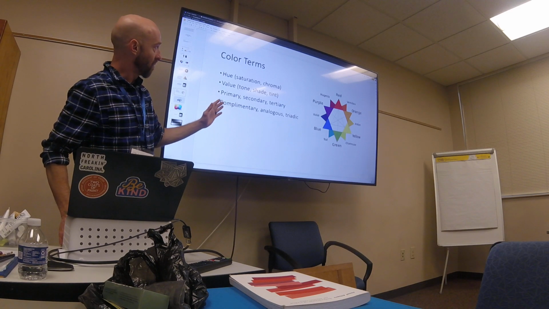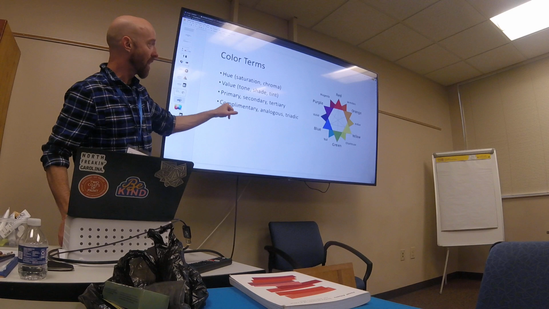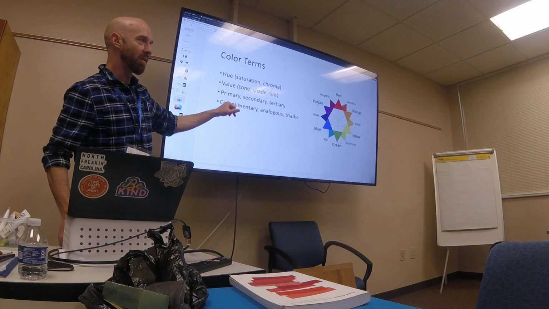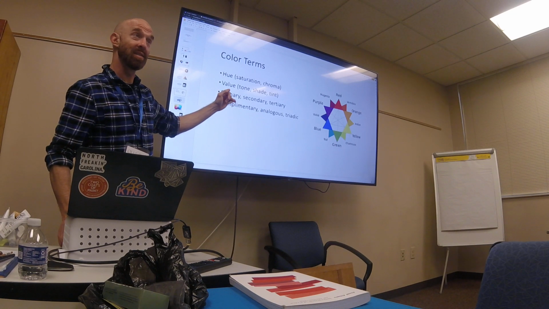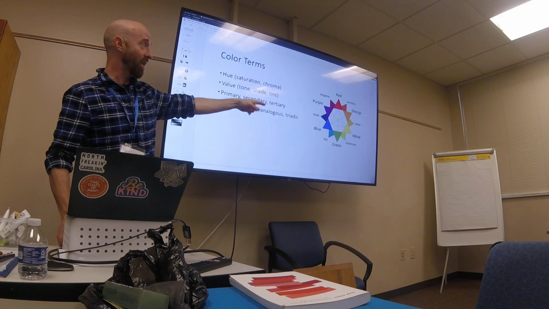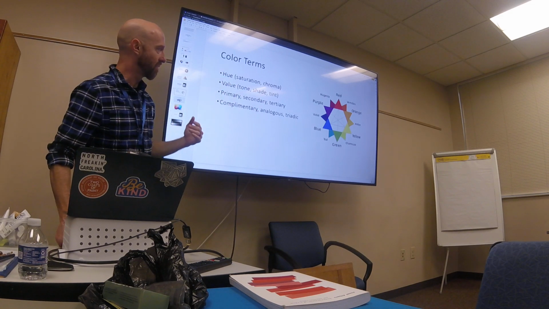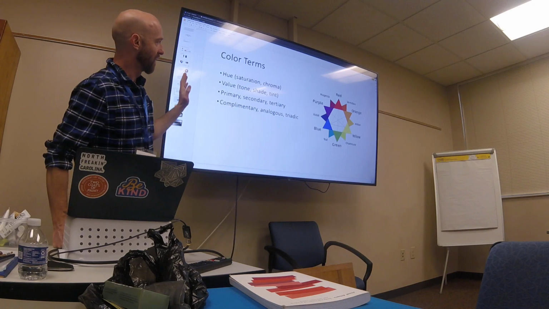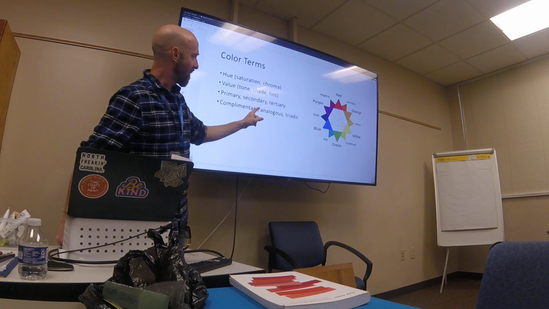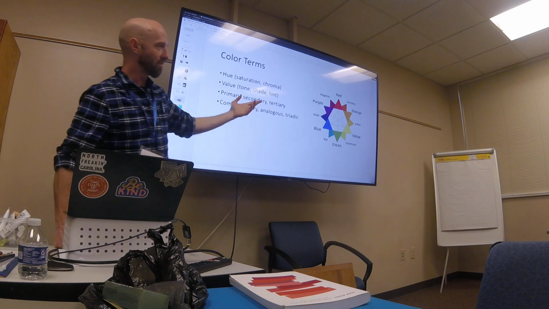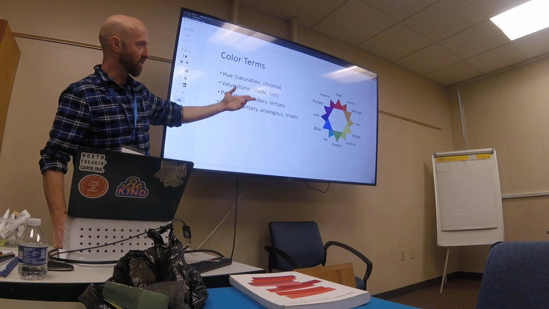And then the other color terms which we may use: complementary. Does anybody know what that means? Complementary colors? What are two complementary colors that we see on this little diagram? Blue and orange, yeah. They're the best complementary colors together. And then analogous colors. So what are two analogous colors on this chart that we have?